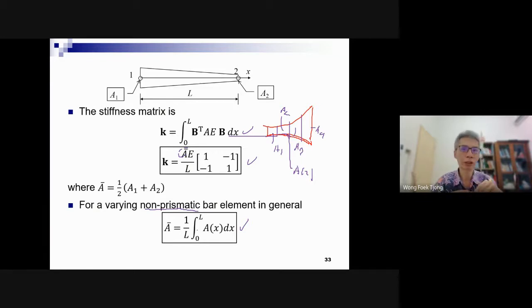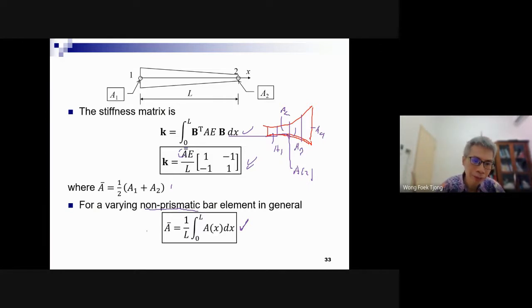So it's quite easy to have a non-prismatic element in a bar problem. Just use the same formula as prismatic, but change the area using the substitute area, and the substitute area is defined as the average area.